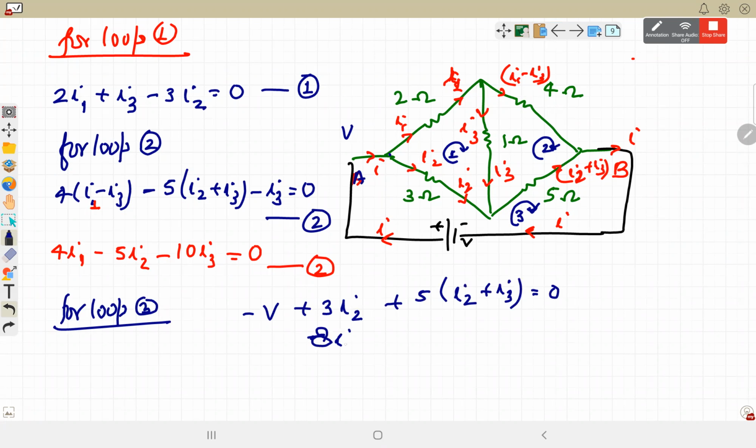So 5 plus 3, 8 I2 plus 5 I3 is equal to V. This is equation number 3. So equation 1 और 2 से हम I1 को eliminate कर लेते हैं.